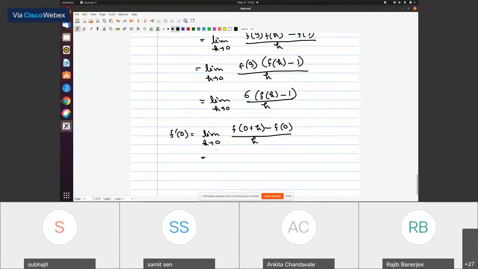Is it okay? Yes, sir. So it will give us limit h tending to 0, f0 into fh minus 1, so I can take this common, and this h. Is it okay?